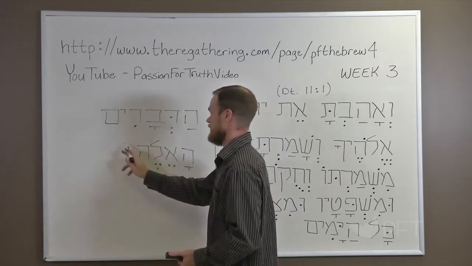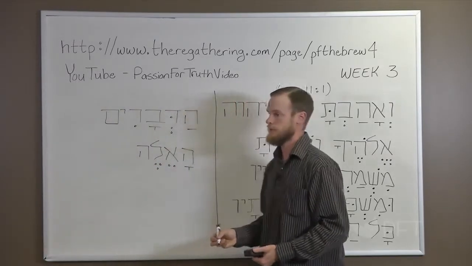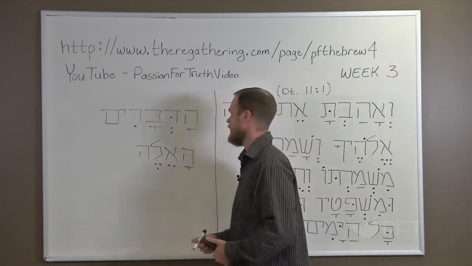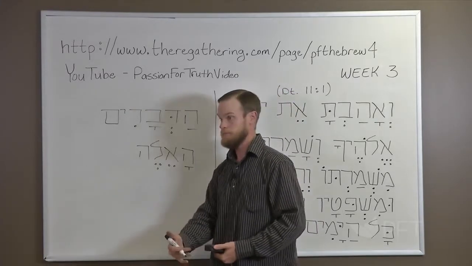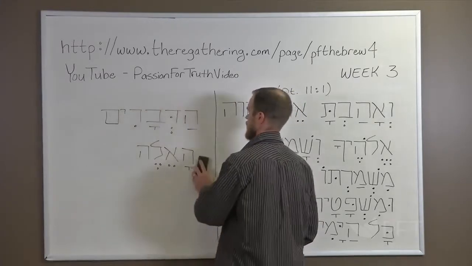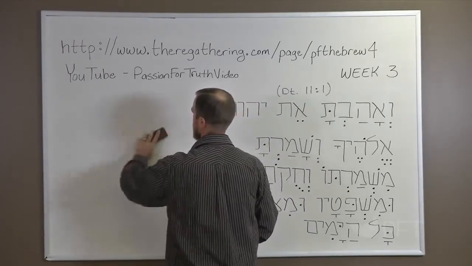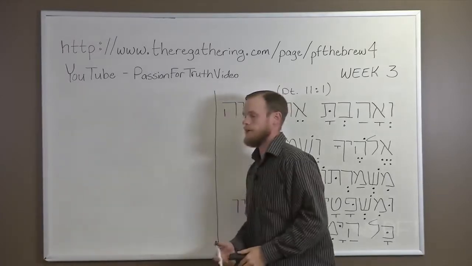Ele, if you remember, ze is this, and zot is also this. Ele is these, so plural of this. So what will be? These words will be. Okay, so v'hayu hadvarim ha'ele.